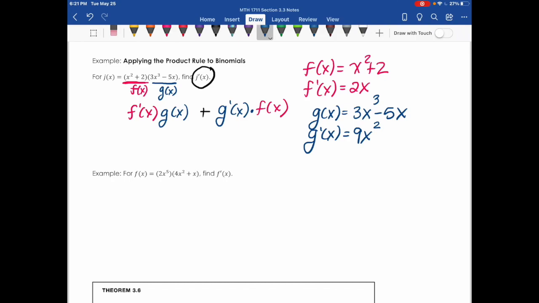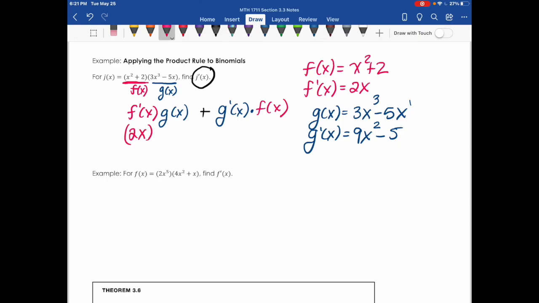So that's going to give me 9x, and then I decrease my exponent by 1. So that gives me 2. And then for the second term, I have an exponent that's 1. So when I bring the 1 down in front, I get 1 times -5 is -5. And then that gives me x to the 0 power, which is just 1. So I don't need to put it in there, but I can if I want to.